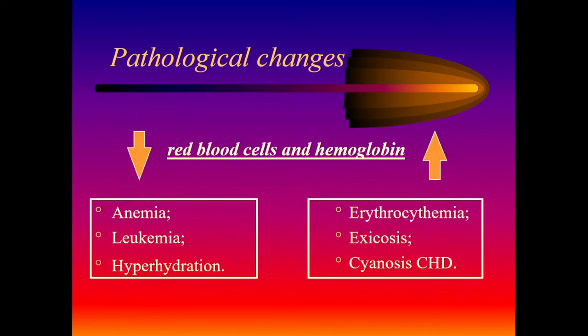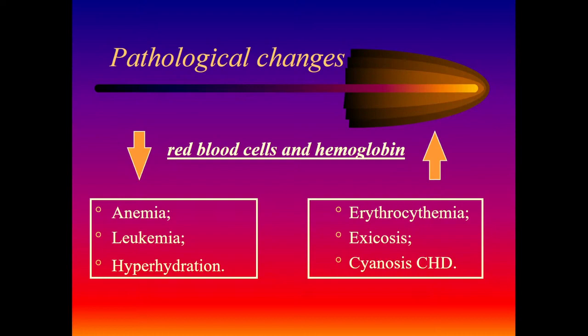Pathological changes in red blood cells and hemoglobin: if these parameters decrease, it is named anemia; leukemia and hyperhydration can also be reasons for this decrease of normal parameters.